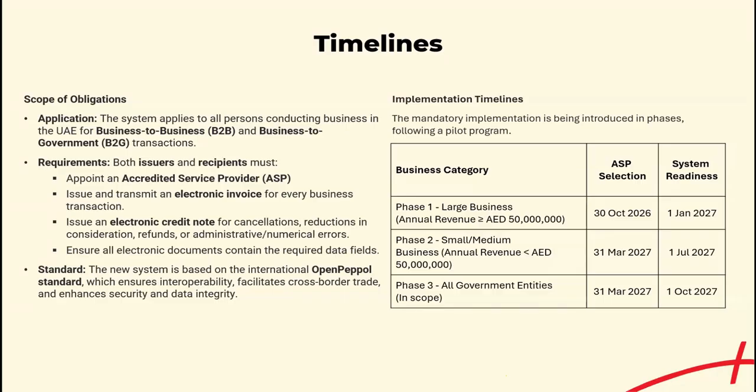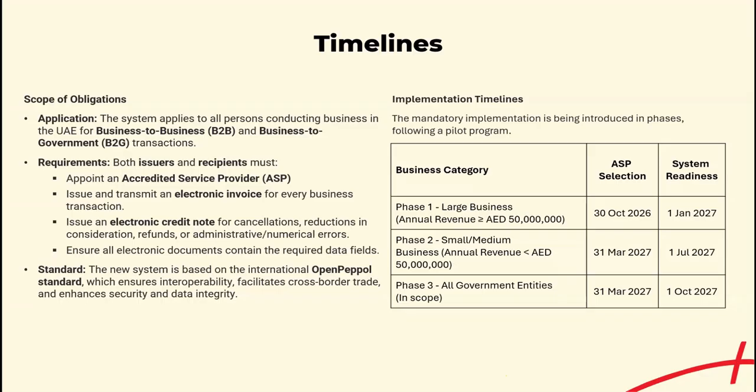PayPal is the network, it works as an exchanger. PayPal will do the exchange work. It will exchange the information from one platform to another, like from ASP validation and then it will move to the FTA. So PayPal will take care of those things, like data information exchange.